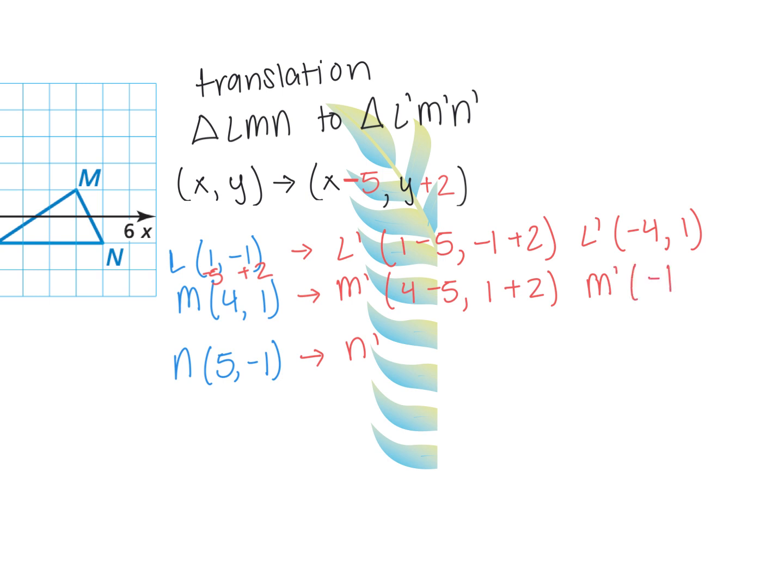I'm going to get -1, 3. And then solving the last one, 5 minus 5, -1 plus 2. 0, 1. Any questions on translation? Honestly, translation is the easiest one.